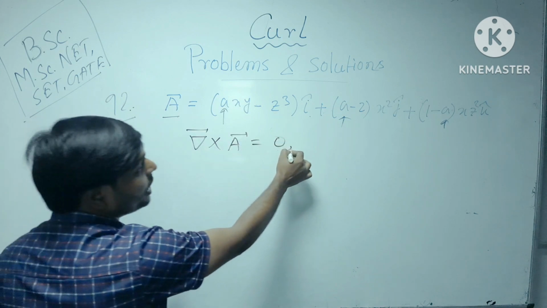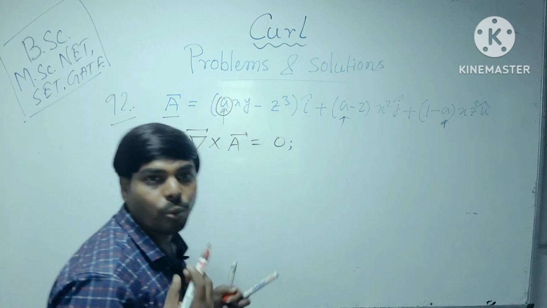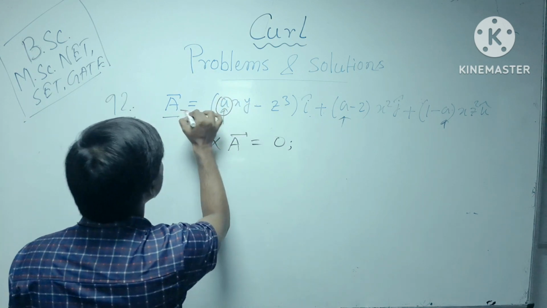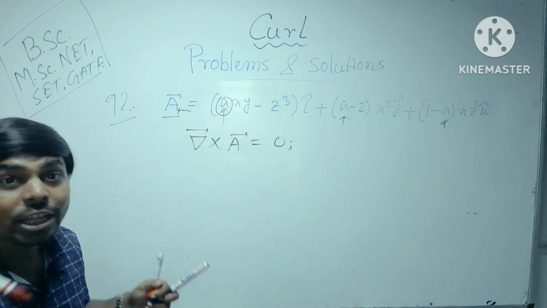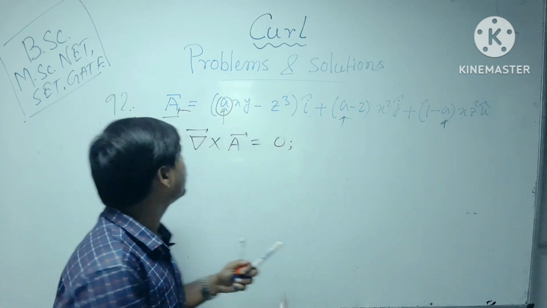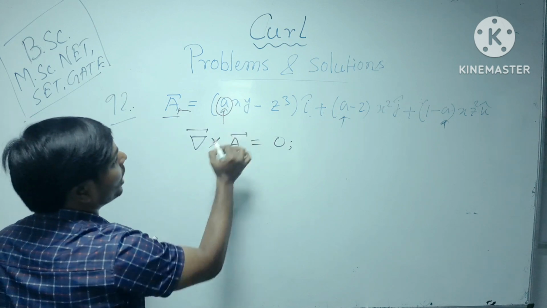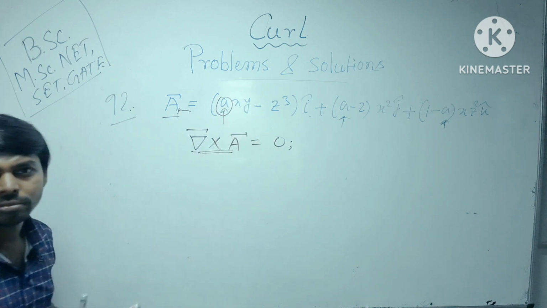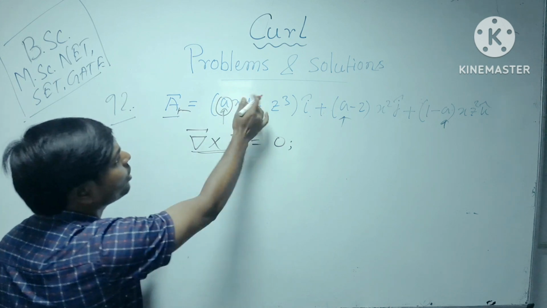So actually it is asked for what value of A this vector field becomes an irrotational vector field, that is, for what value of A, curl of A will be 0. So curl of A, if curl of A is equal to 0, then what will happen?